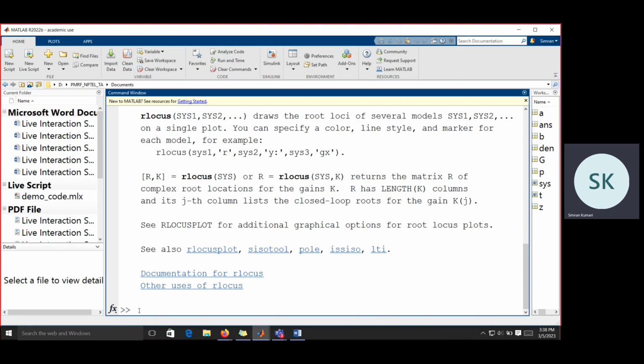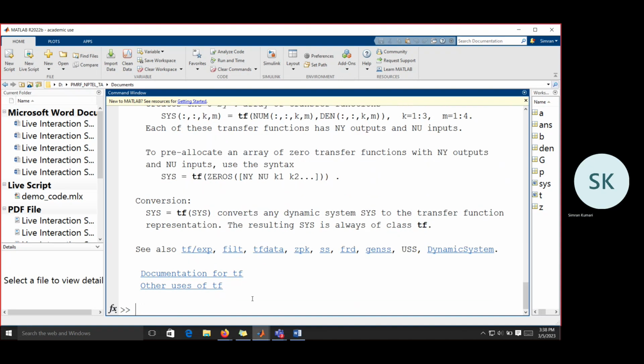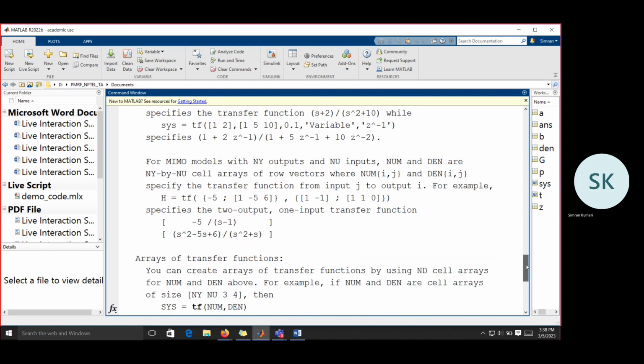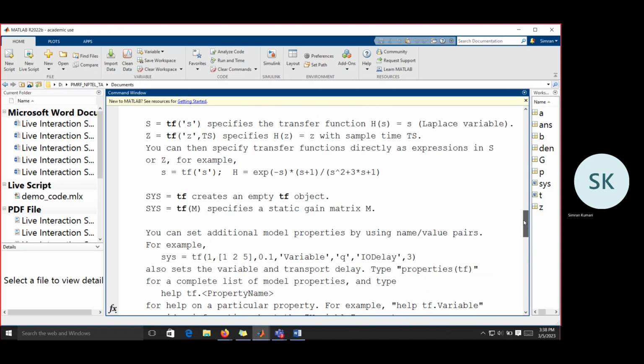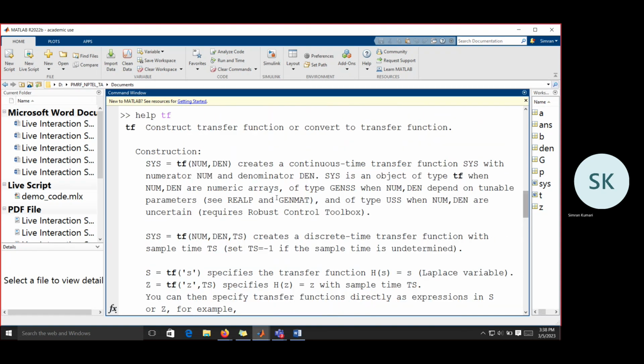So first we have to define the transfer function. That means the system here is a transfer function, so we'll use the tf command. Let us see what this tf command does.